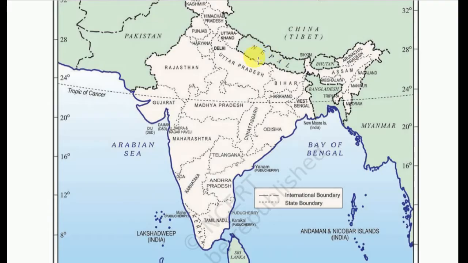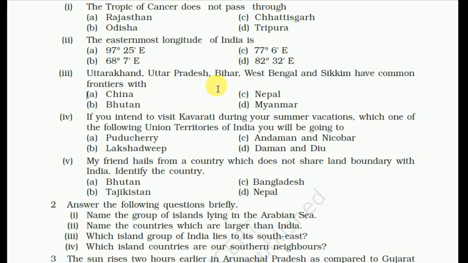You can see here that Nepal touches the boundaries of all these states. All these questions are very necessary for UPSC and all other exams. Very important questions. And if you intend to visit Kavaratti during your summer vacations, which one of the following union territories of India will you be going to?